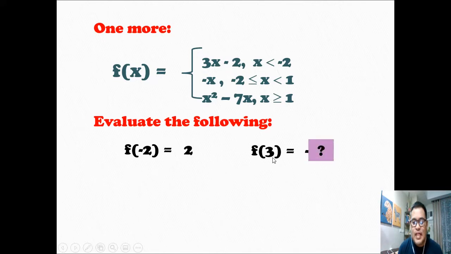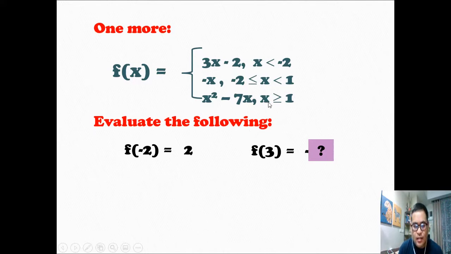What if your x is 3? So which particular function is it here? Okay. So if x is 3, check. Is 3 less than negative 2? Is your x greater than or equal to negative 2 but less than 1?